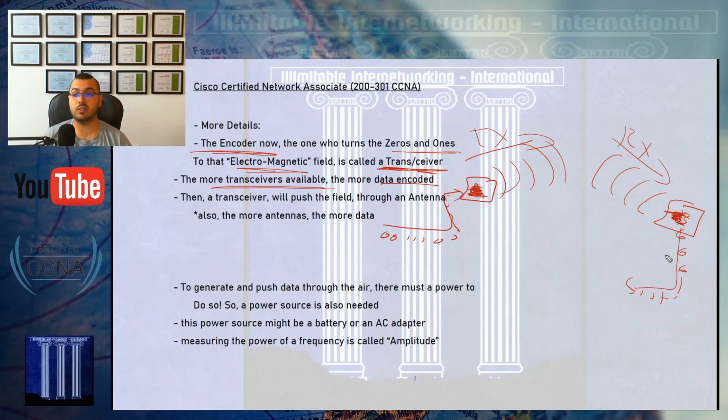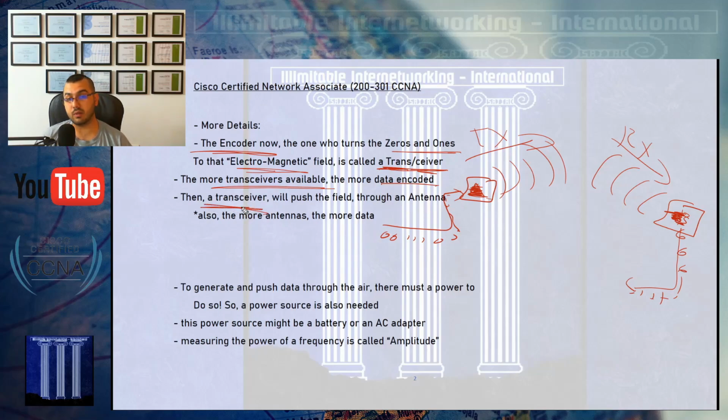So if your device does support 802.11ax, which should carry 14 gigabit per second, but at the same time it has only 2 transceivers inside it, you will see only 1 or 2 or even 4 gigabit per second. That's it. So the number of transceivers inside your device controls the maximum capacity of the electromagnetic field or the data that can be transmitted and received at the same time.